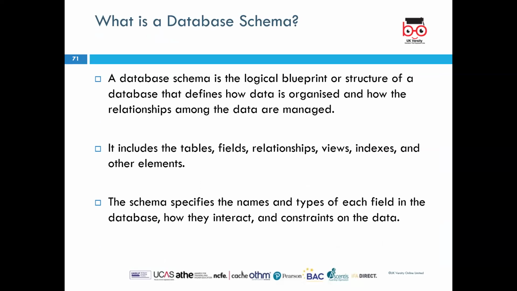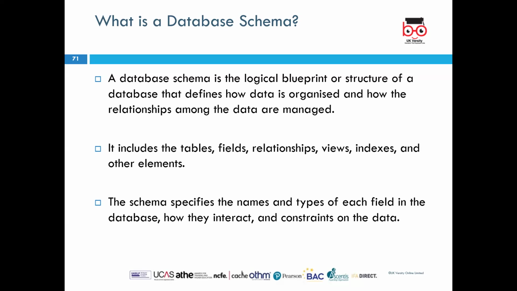So now we have come to a concept which is very important. What is a database schema? A database schema is basically the logical blueprint or structure of our database. It defines how data is organized and managed within our database.